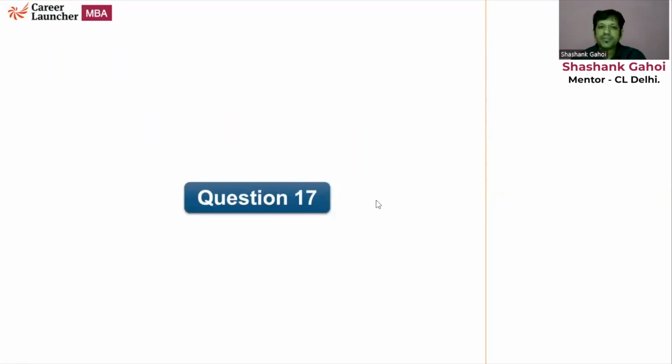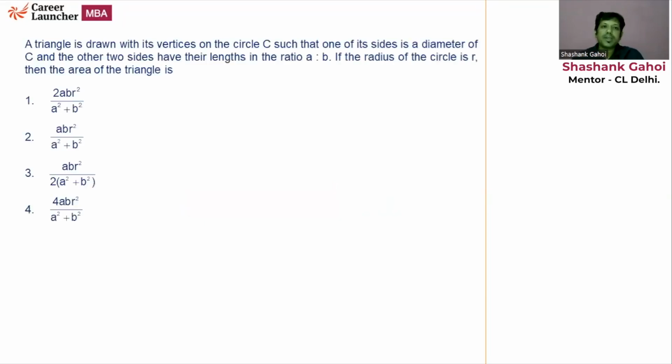Let's start question number 17. A triangle is drawn with its vertices on a circle such that one of the sides is a diameter. Okay, so if one side is a diameter, it means we are talking about a right angle triangle.